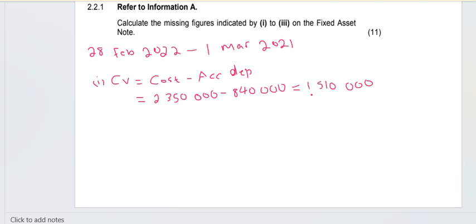Now that is the final answer for Roman figure 1.